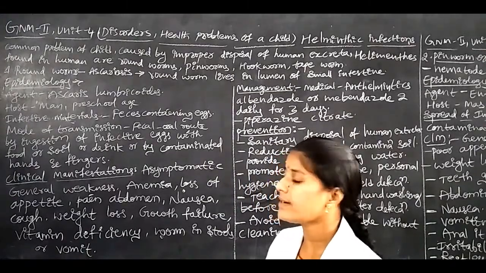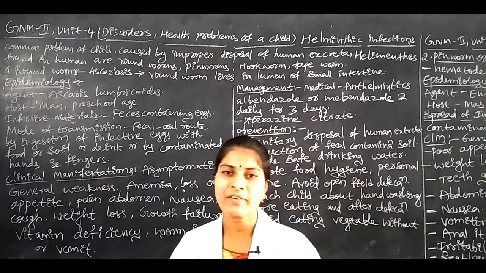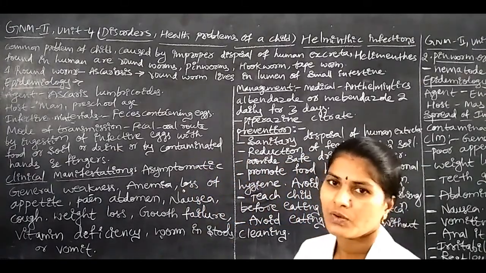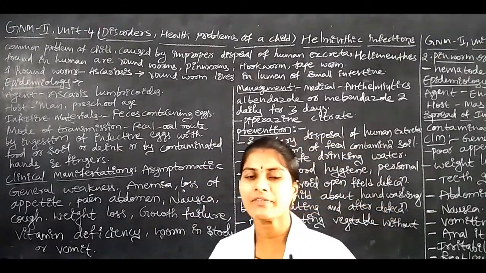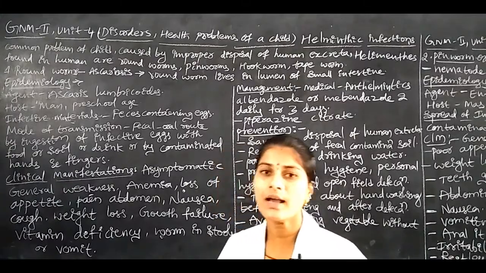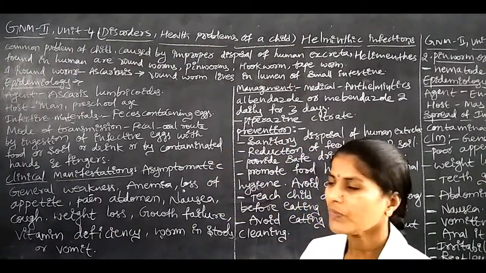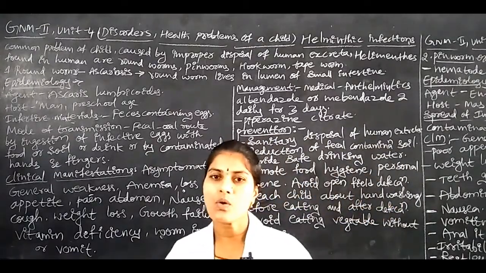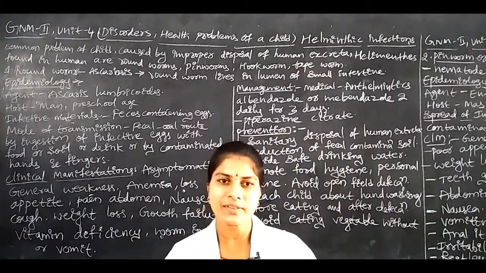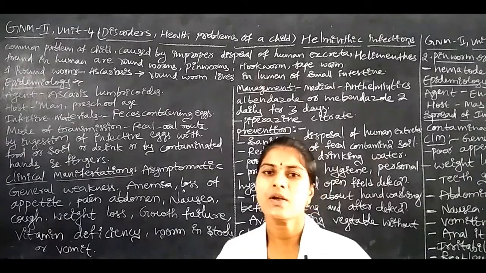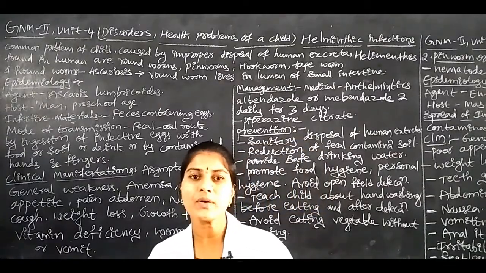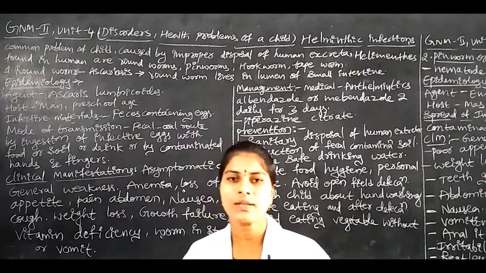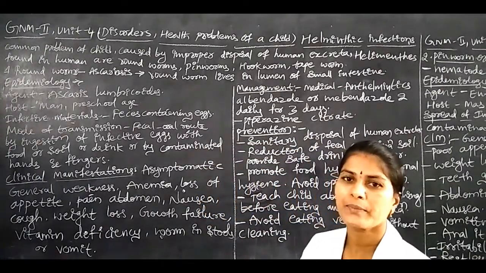Some general weakness is identified in children. Next, sometimes anemia; blood loss is identified in children suffering with helminthic infections. Next is loss of appetite. Children suffering with this type of helminthic infection do not have a good appetite; they refuse or avoid food.